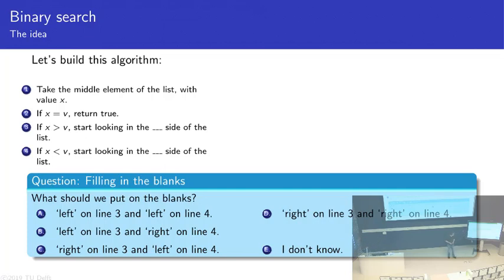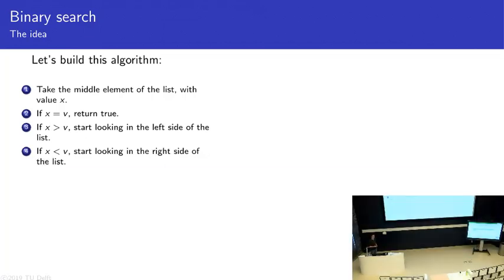Okay, 87% got the right answer. If x is larger than v, that means we found that in the middle, we're already too far. It's already the Pullman book, the book that's further in the shelf than we want.